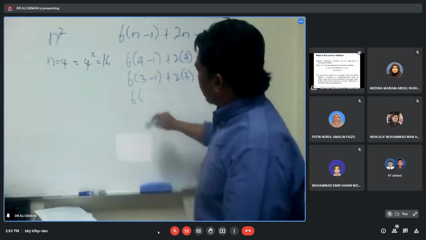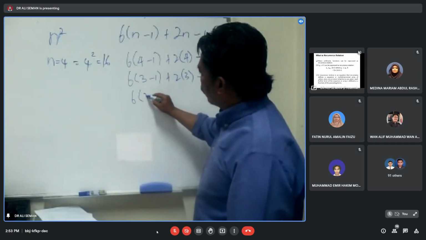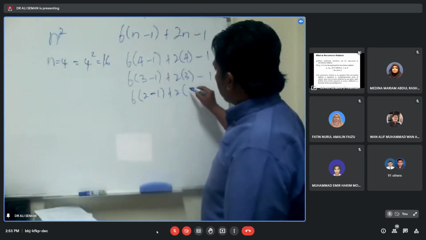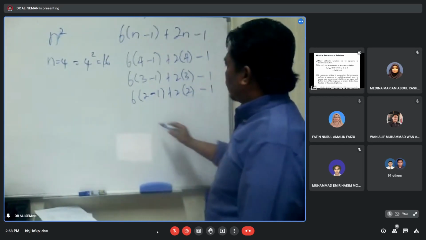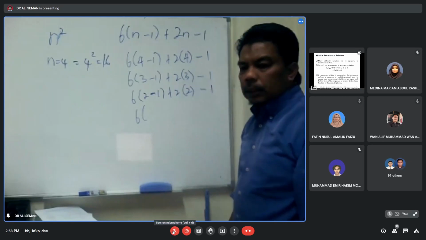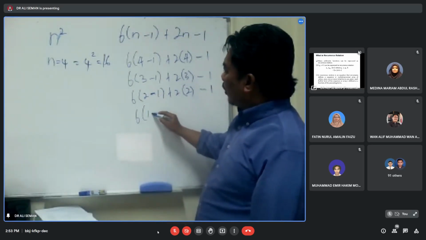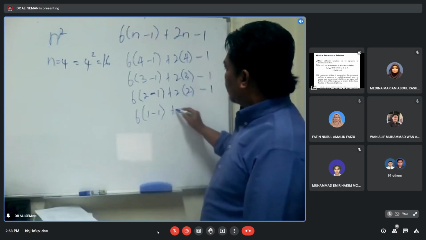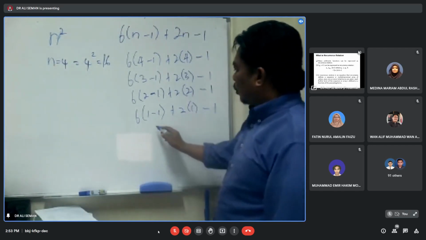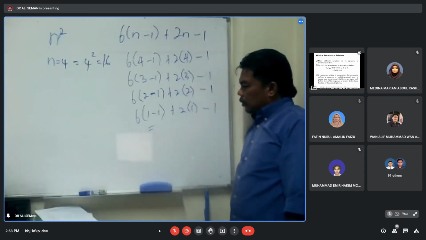Again a smaller version: a(2) equals a(1) plus 2 times 2 minus 1. What is the stopping criteria, 1 or 0? a(1) equals a(0) plus 2 times 1 minus 1. And this stops, because 0 is the stopping point.